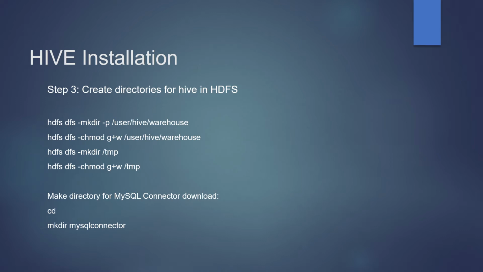Then we are creating a folder in local file system to download the MySQL connector, which is required to connect our Hive Metastore. In our previous video, we created Hive Metastore database in MySQL server.